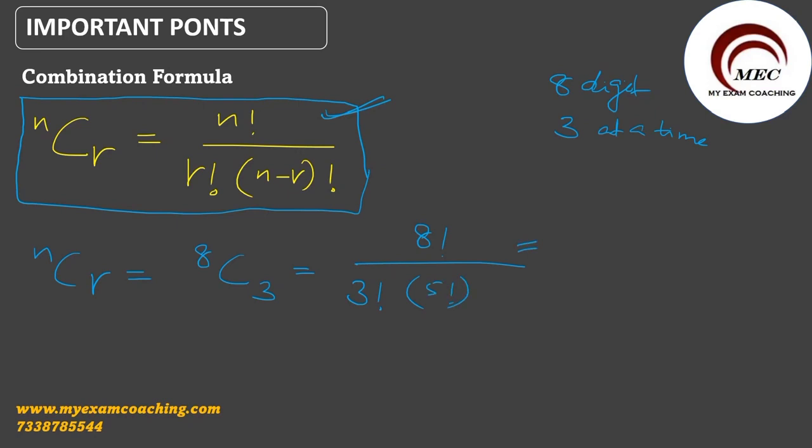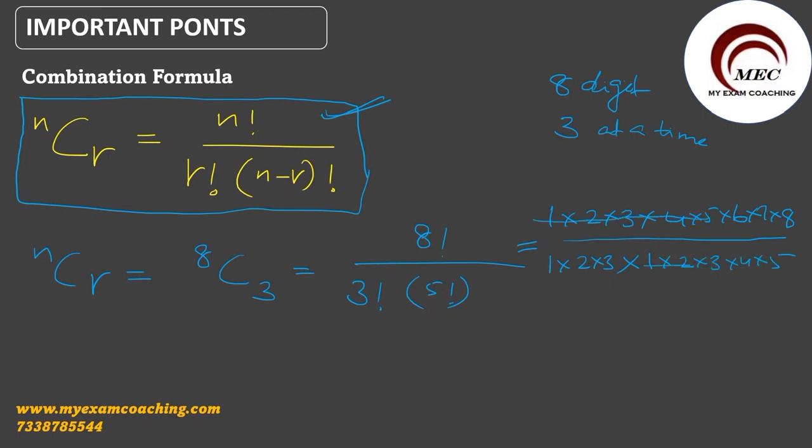So 8 factorial means 1 into 2 into 3 into 4 into 5 into 6 into 7 into 8. 3 factorial means 1 into 2 into 3. 5 factorial means 1 into 2 into 3 into 4 into 5.